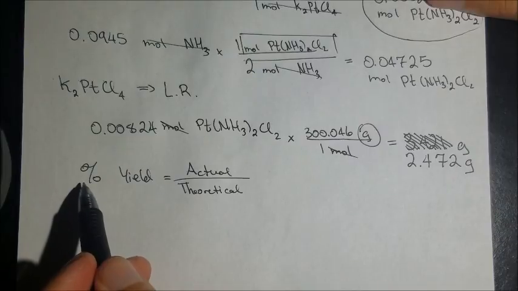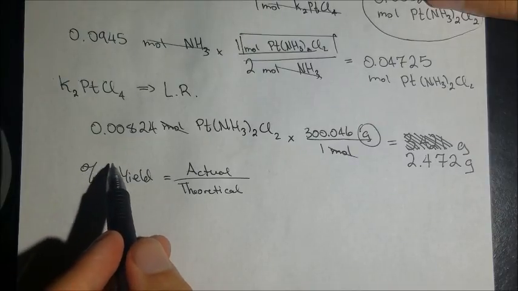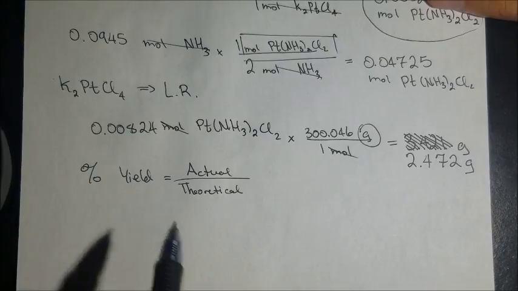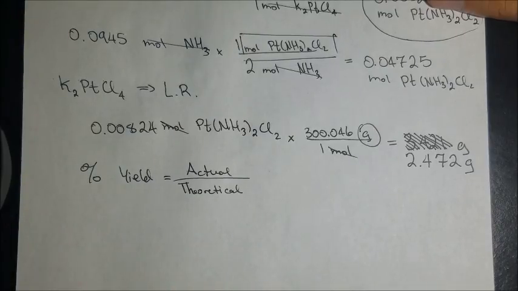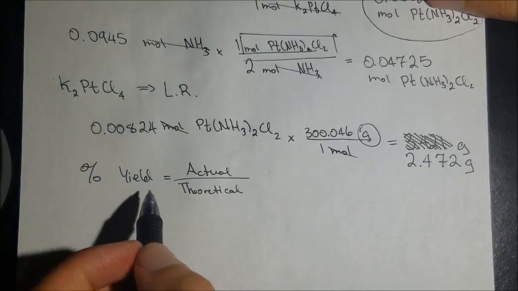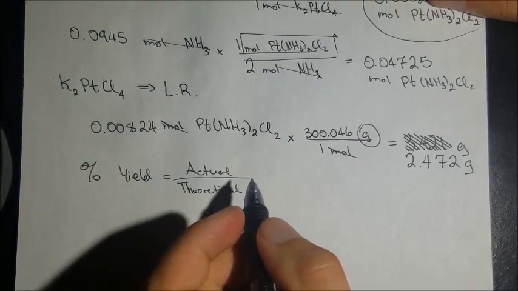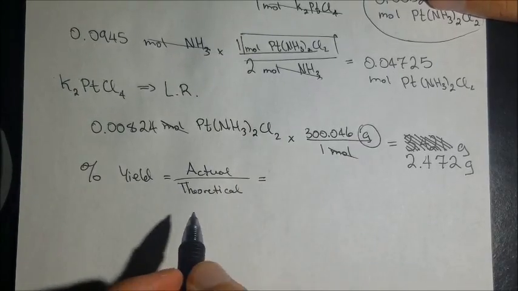So by calculating the percent yield, what this number signifies is how much of the theoretical mass did I recover in the experiment. And of course, typically, the higher the yield, the better the experiment.